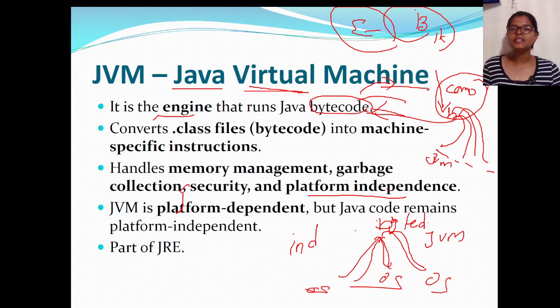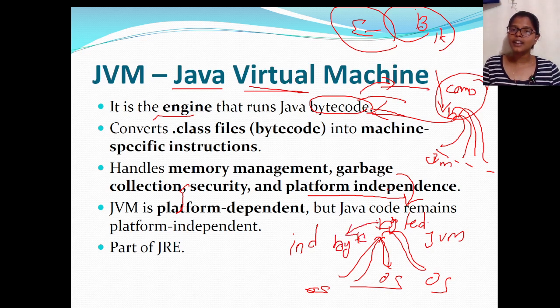This bytecode will run on any operating system and makes Java an independent programming language. And it manages memory automatically using the automatic garbage collector. How? If any unused objects are present in our program, which are not used throughout the program, those unused objects will have their memory deallocated at runtime. Next, it provides security because even after the code is converted into bytecode after checking for errors, it still verifies this bytecode using the bytecode verifier internally.